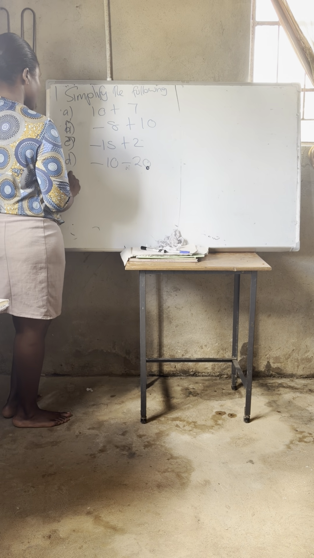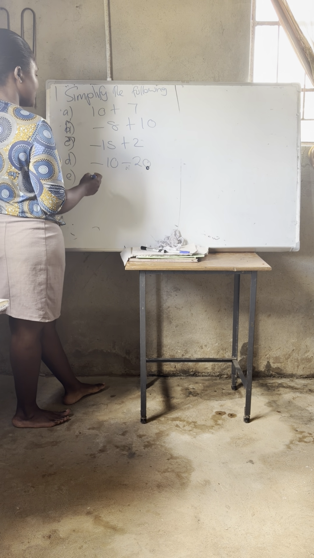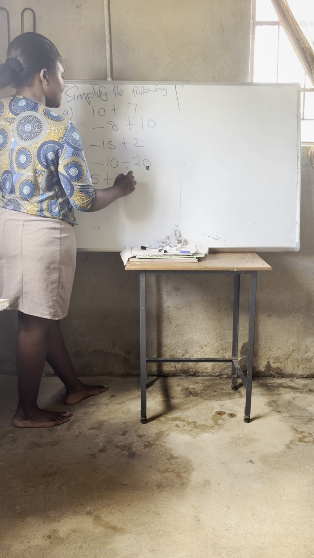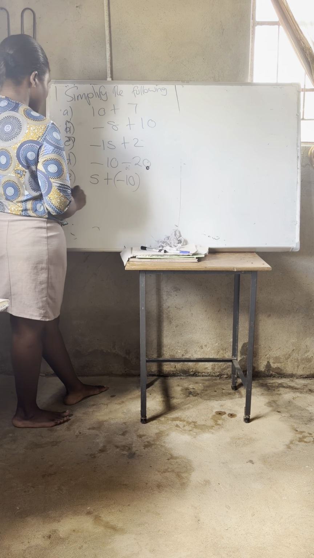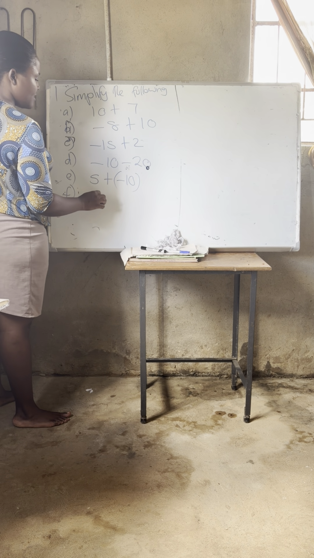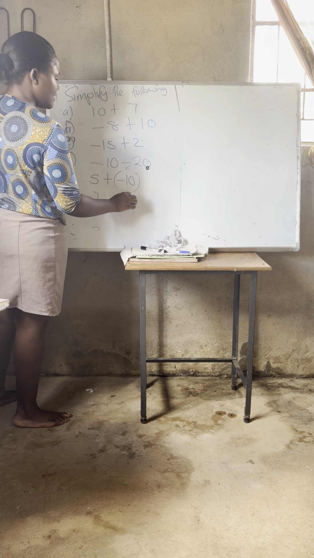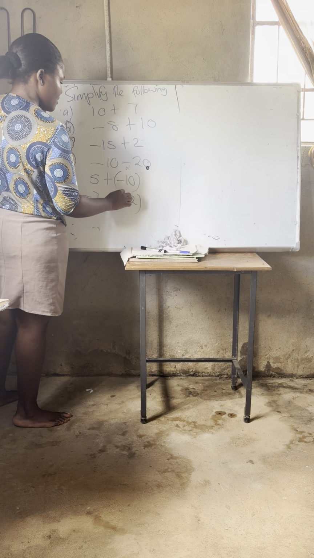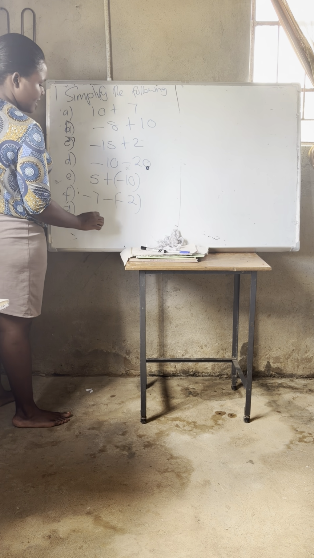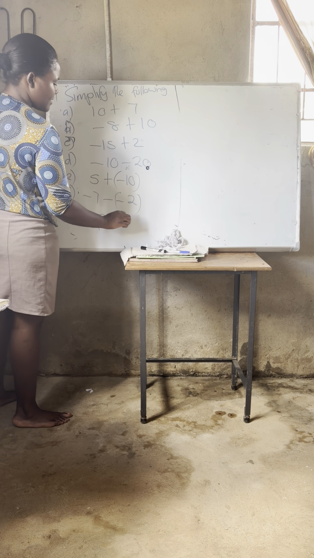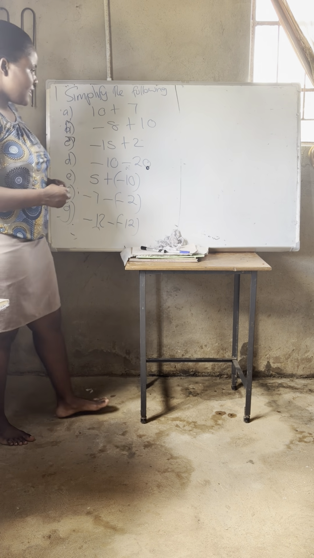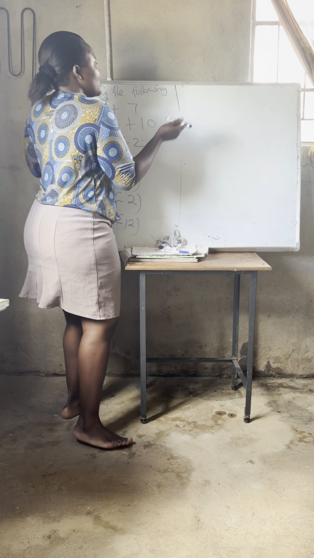And on E, you are given something like 5 plus minus 10. Number F, you are given negative 7 minus 2. Number G, you are given negative 12 minus 12, right?